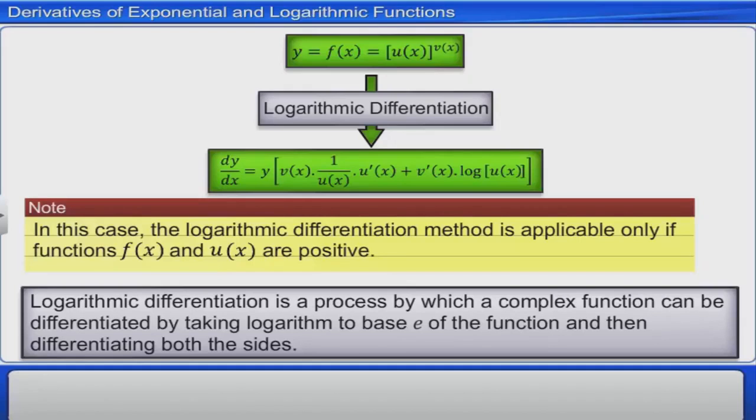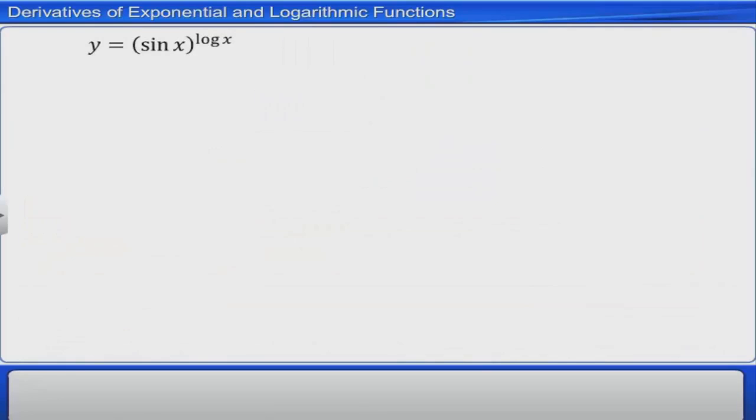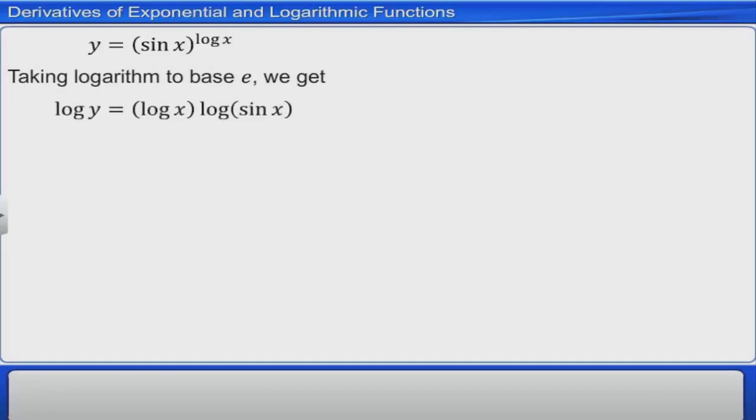Let's apply logarithmic differentiation to find the derivative of y is equal to (sin x) whole raised to the power log x. First, take logarithm to base e on both the sides. This gives log y is equal to log x into log of sin x.